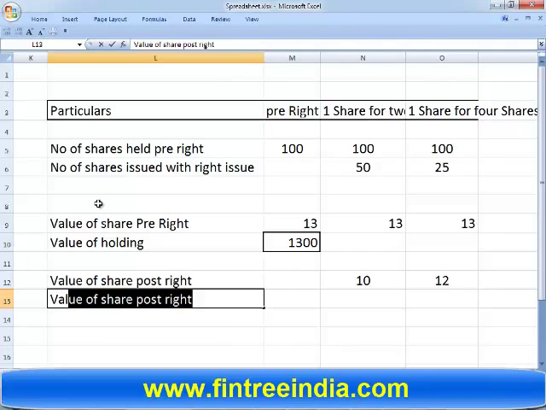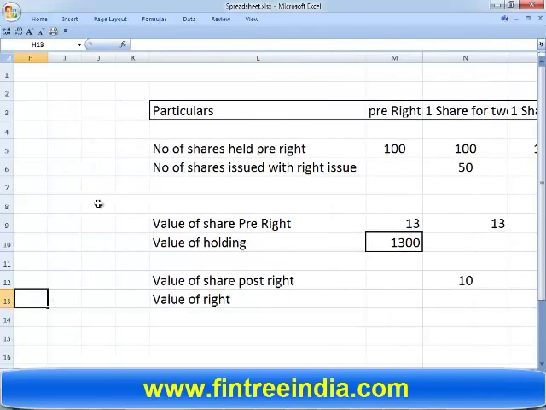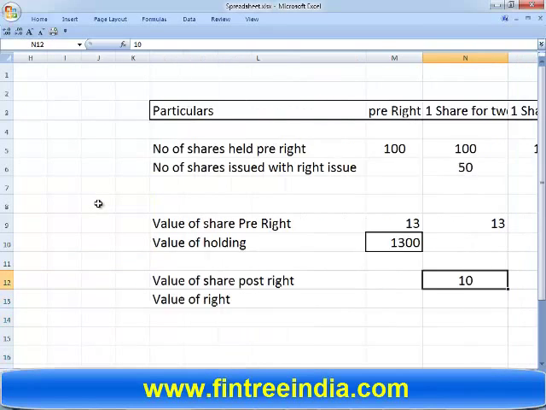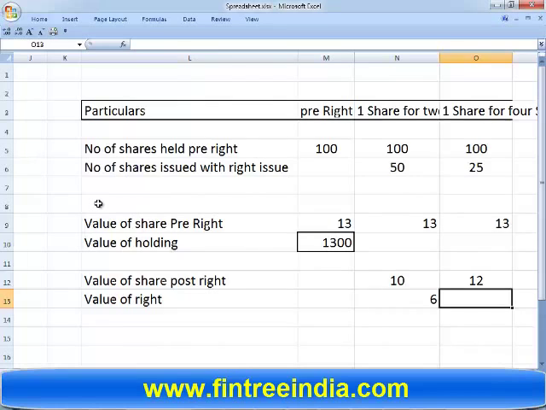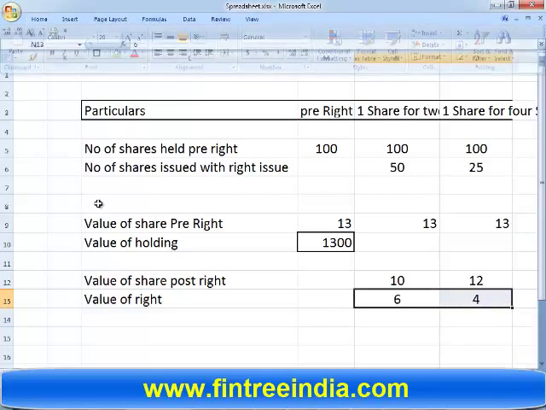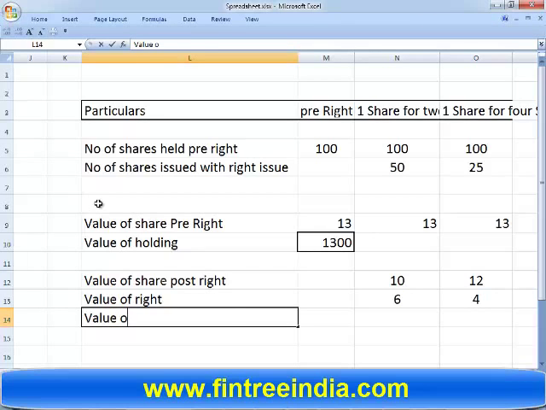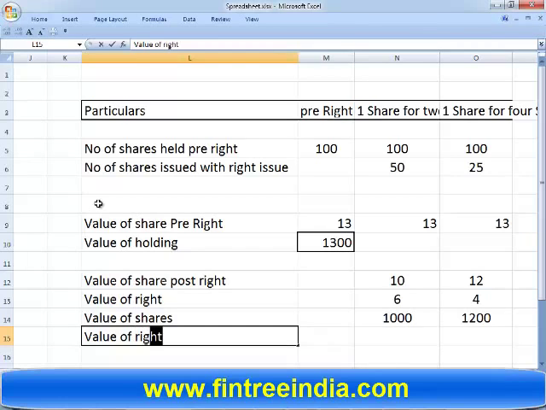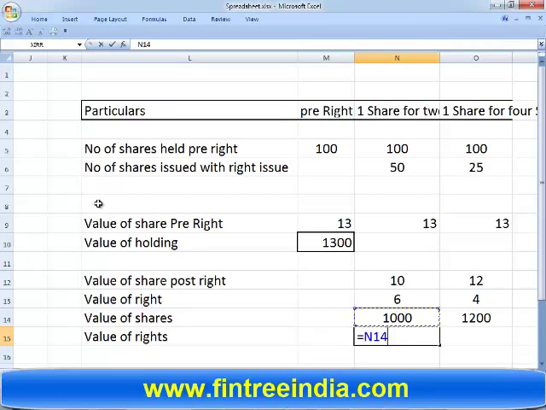And value of right we calculated in the earlier case to be 6 and 4. So this is 6 and this is 4. So total value of shares here is 10 multiplied with number of shares, value of rights would be 50 multiplied with 6.